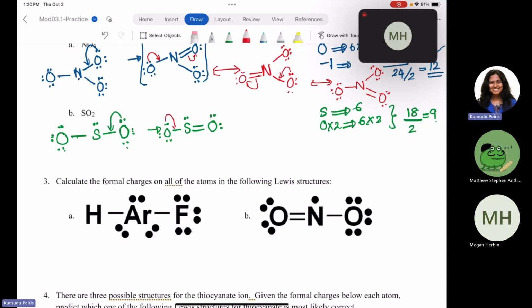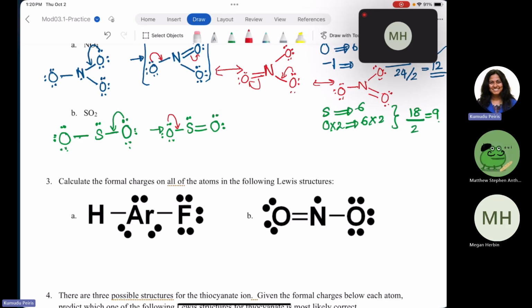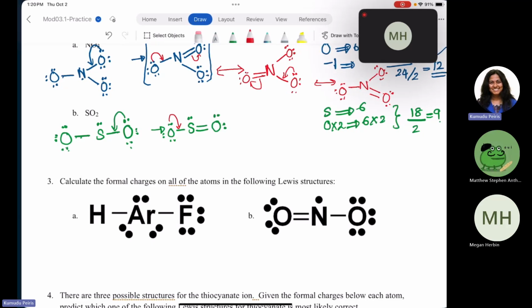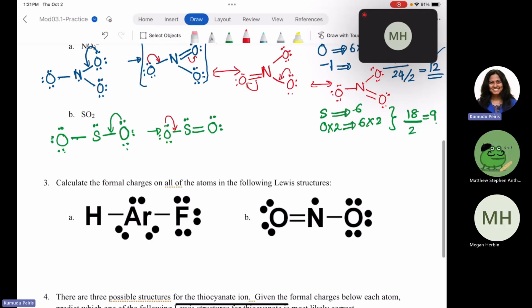Normally we shouldn't do that. We can add more than 8 electrons only for transition metal ions, and you don't get those examples at this level. So keep that in mind. For S and P block elements, you should not add more than 8 electrons on their octets, right?